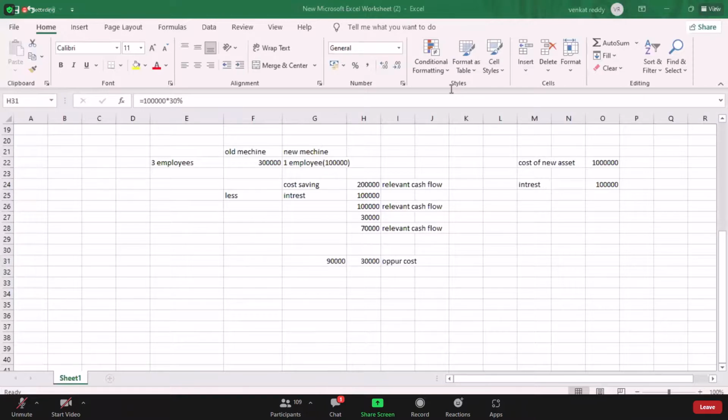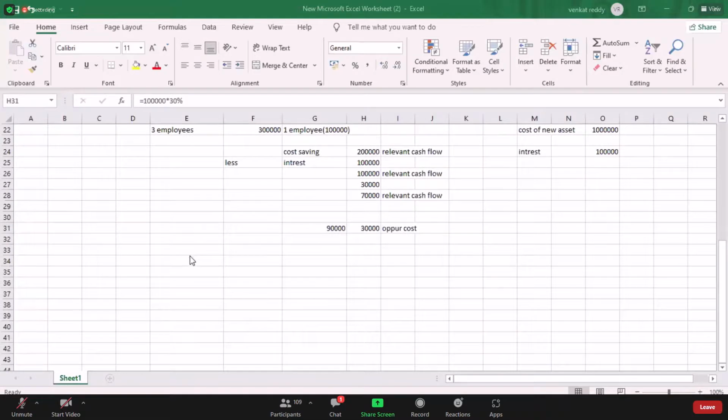Yeah, let me repeat it. Let me put it this way: my total revenue is 5 lakhs, less my salary paid to staff, that is expenses towards the salary.